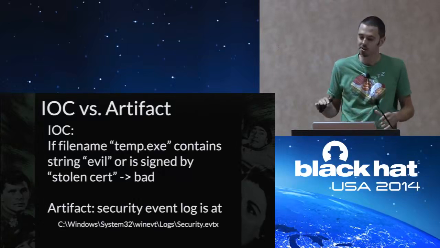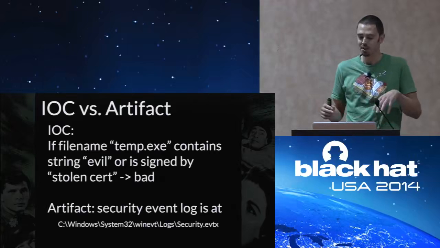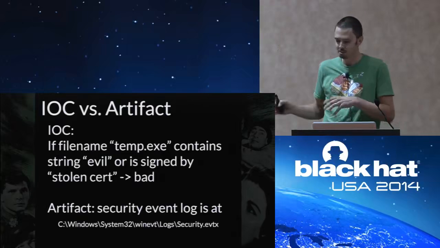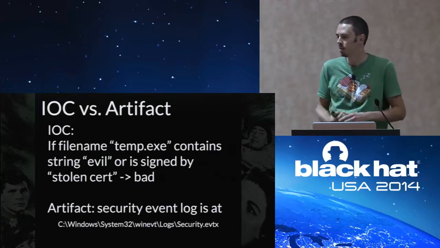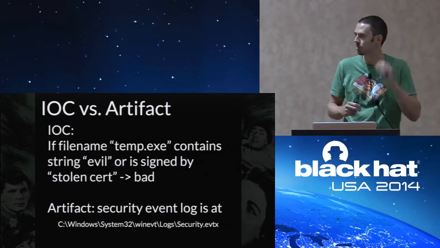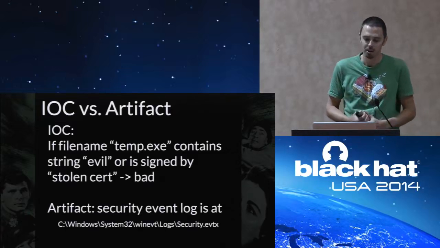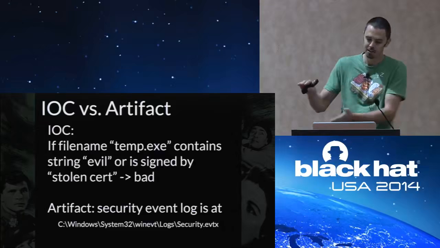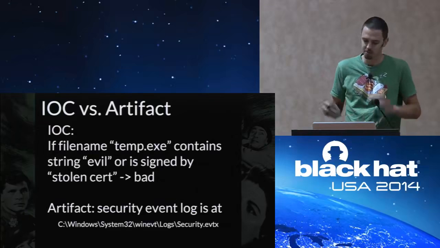IOC is along the lines of: if the file name is this, and has this string, and is signed by this cert, then it's bad. So there's a data description component, like this file name, and there's also a logic component: if this thing and this other thing or this thing, then bad. Whereas an artifact is more just like, here's where the event log is on the system. So it's mainly data description.